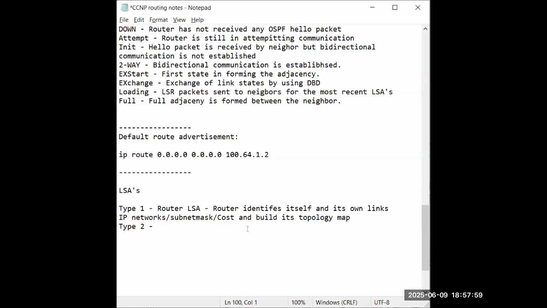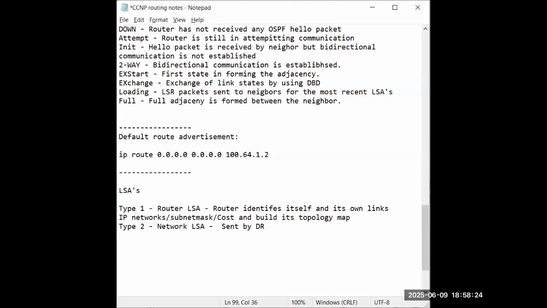Okay, so type 2 is the network LSA. This is going to be sent by the DR router. DR is the designated router.